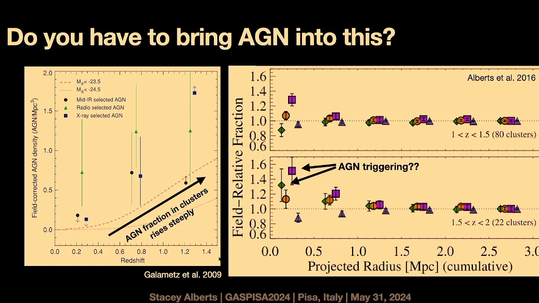So the purple is AGN, and then the green is composite galaxies. Maybe that one's AGN. Yep, sorry. That one's AGN and that one's composites. And you can see that it pops up there. So I don't know what's going on there. I like to think that maybe clusters could trigger AGN, but that's something that maybe JWST can really help us out with.